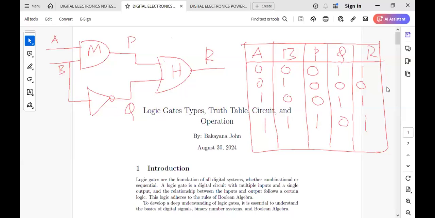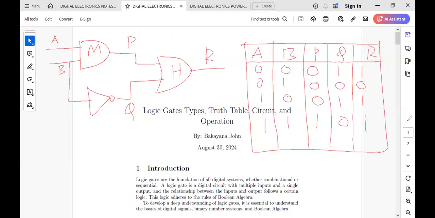Now, the result we get when we combine P and Q is an OR gate. And an OR gate works on a principle that one of the switches must be closed.